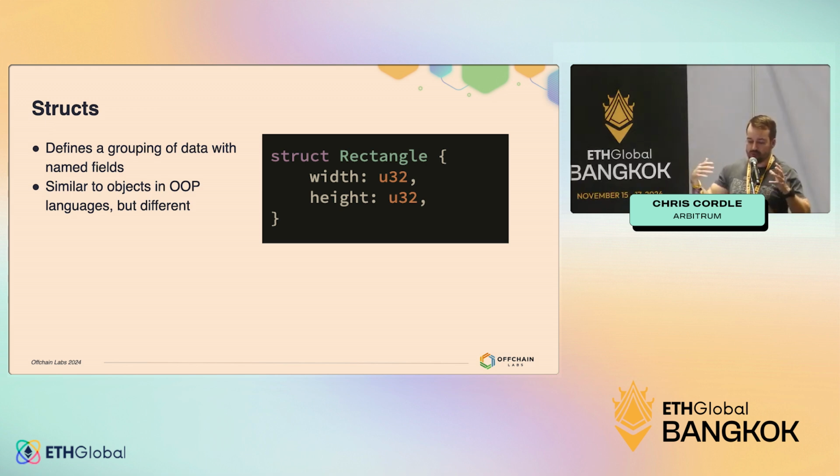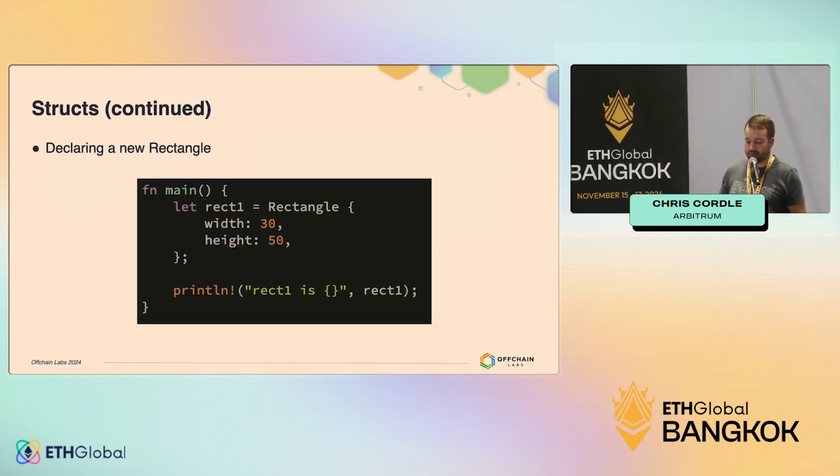So a lot of times you'll just attach methods to structs, and you'll implement traits. I don't know if I'll get into that too much in this talk, but just know that traits are kind of like interfaces in other languages, and you can implement traits for structs in order to create behavior for the rectangle, like computing area or something like that.